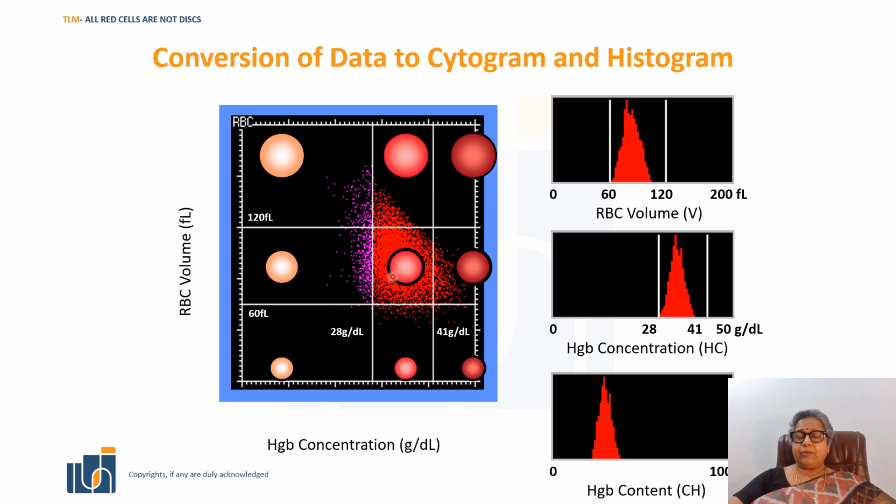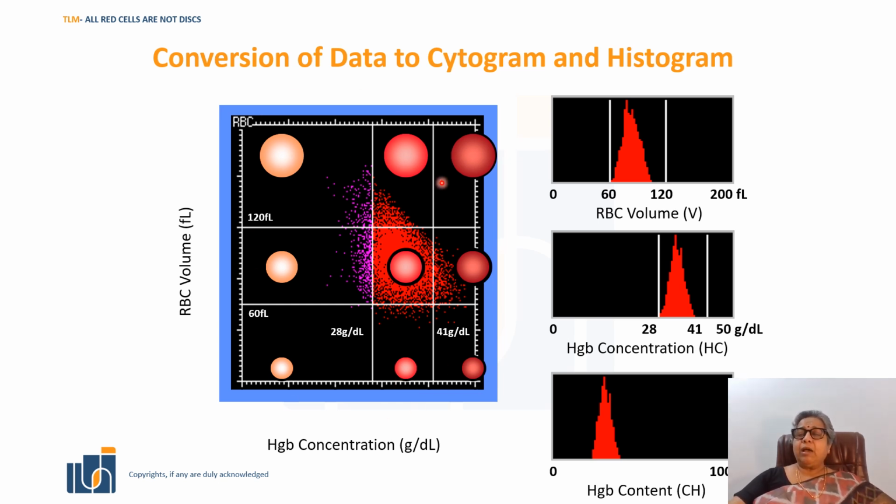So the center, which is what will be in a normal adult, is normocytic normochromic. Any shift of the scatter to the right makes it hyperchromic. Any shift to the left makes it hypochromic. Similarly, a shift upwards makes it macrocytic. A shift downwards makes it microcytic.